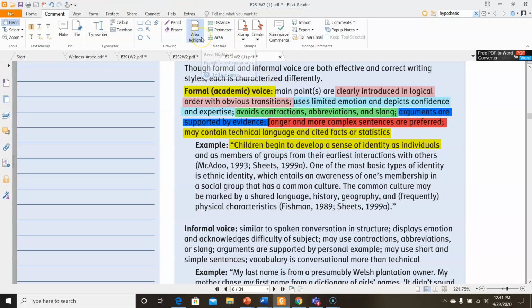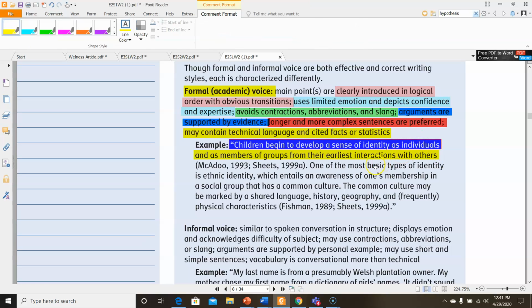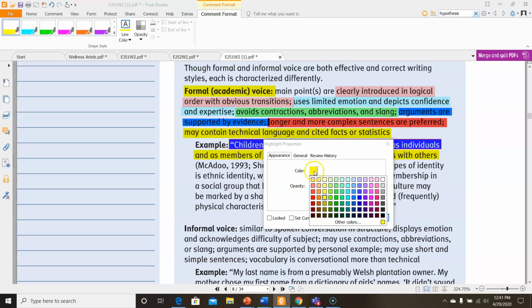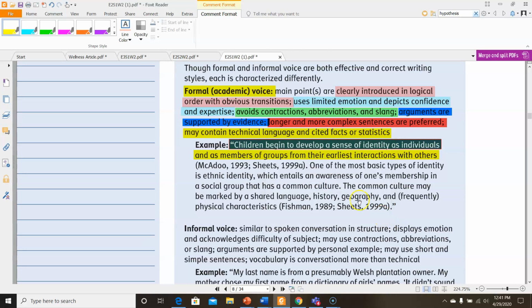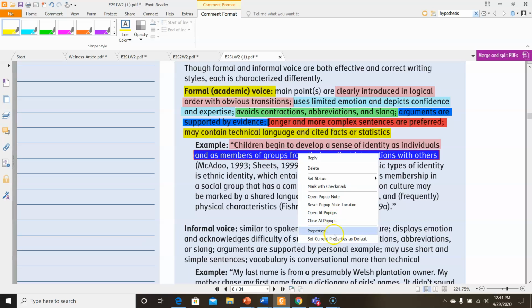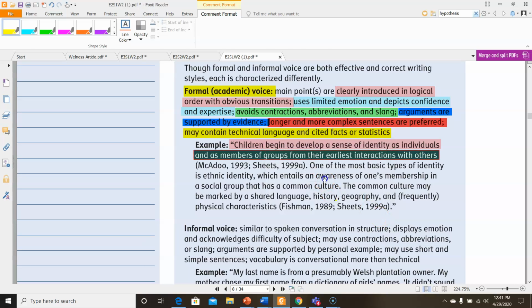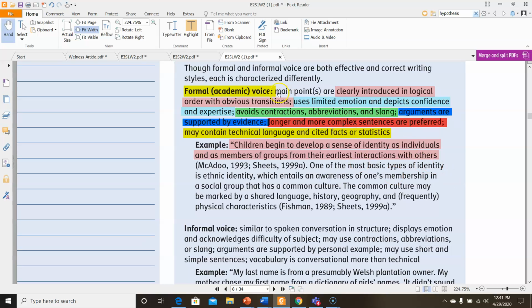But it's also a quote, so it's also considered the part where it says supported with evidence. So properties. And then it says one of the most basic types of identity is ethnic identity, which entails an awareness of one's membership in a social group that has a common culture.